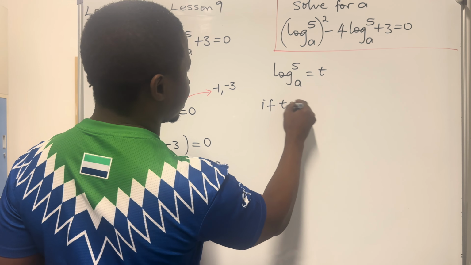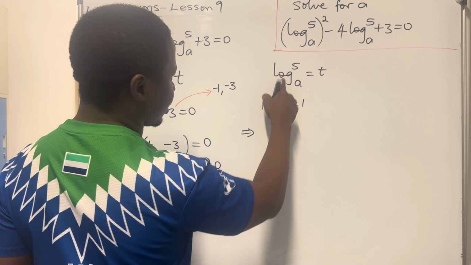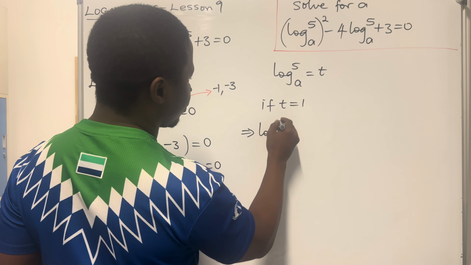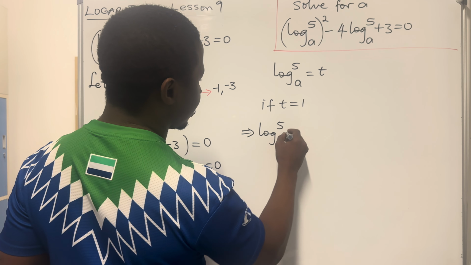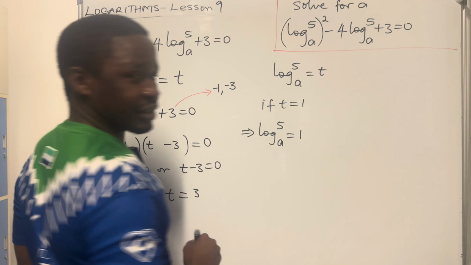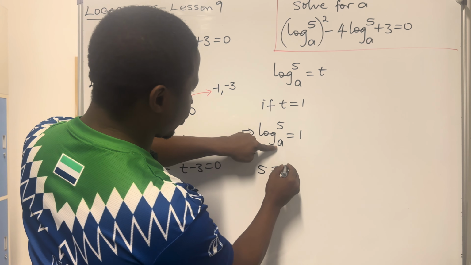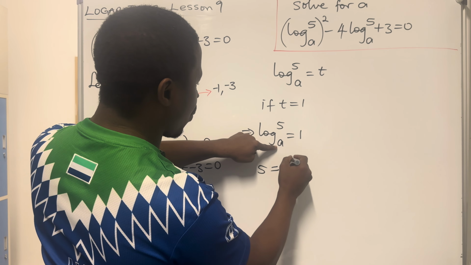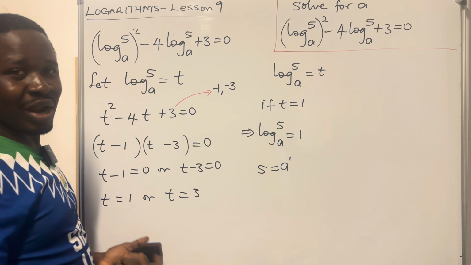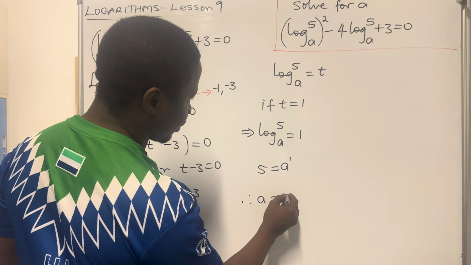If t is equal to 1, this implies log 5 base a is equal to t, but t is now 1. So we say 5 is equal to a to the power of 1. So a to the power of 1 is a. Therefore, a is equal to 5.